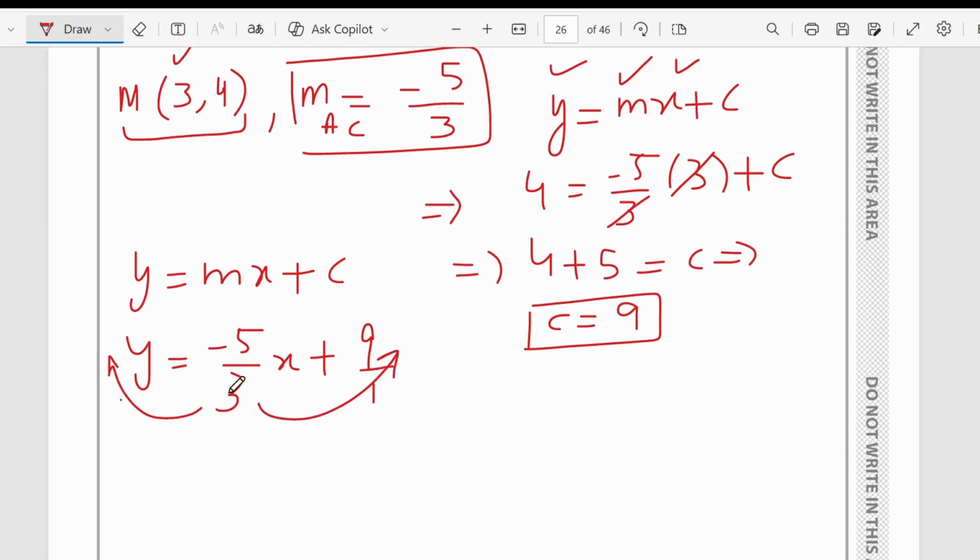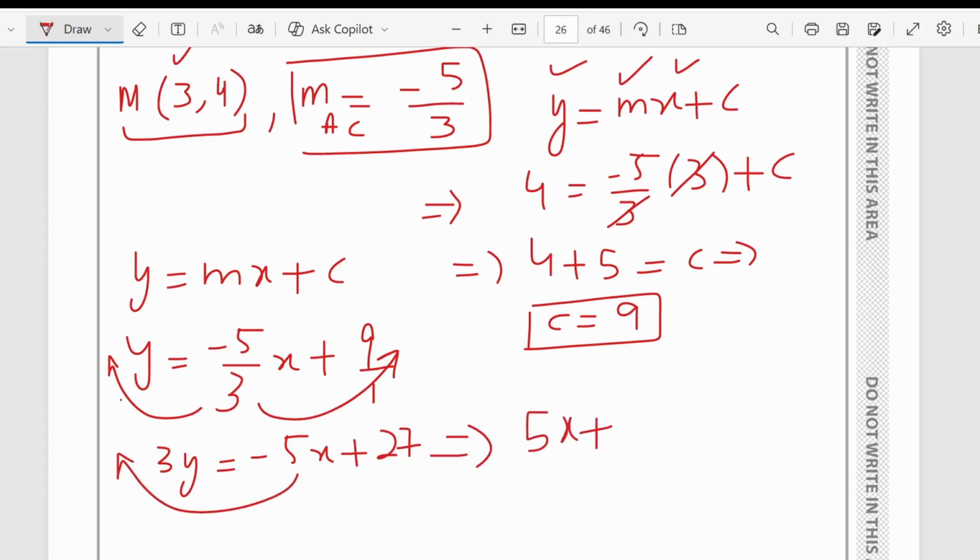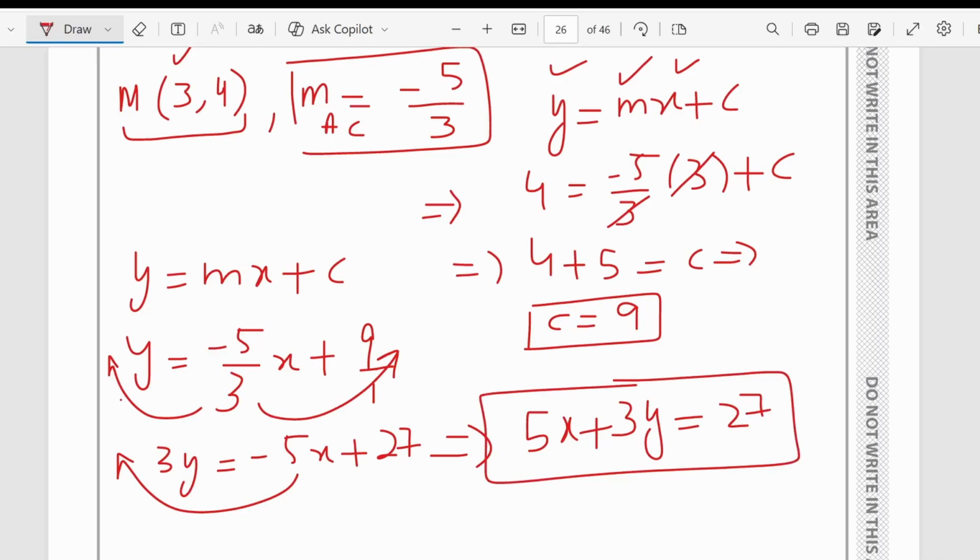So we have 3y equals minus 5x plus 27. The first value is x, so I am going to move this negative 5x over, so it becomes 5x plus 3y equals 27. That's our required final answer.